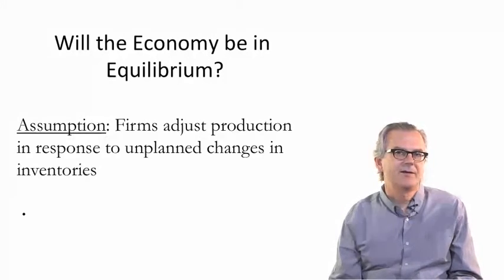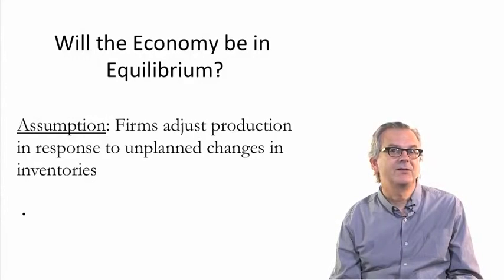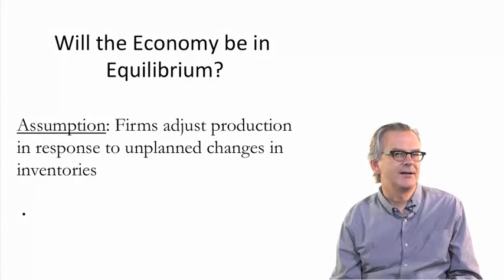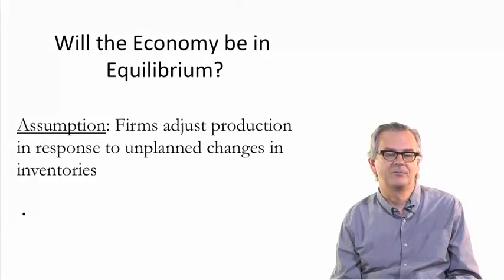If, on the other hand, they see the opposite occurring, if they see unexpectedly that they're having to dip into their inventories to meet demand, so that their inventories are unexpectedly declining, firms will understand that means they've underestimated what the strength of expenditure will be in the economy, and that will act as a signal for firms to increase their production.